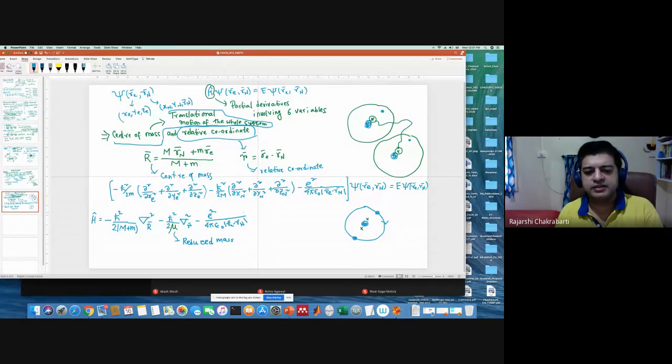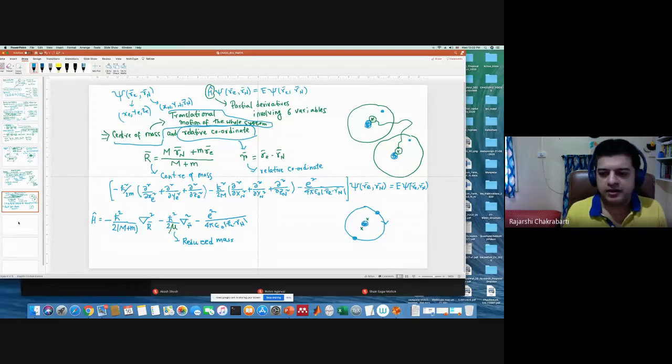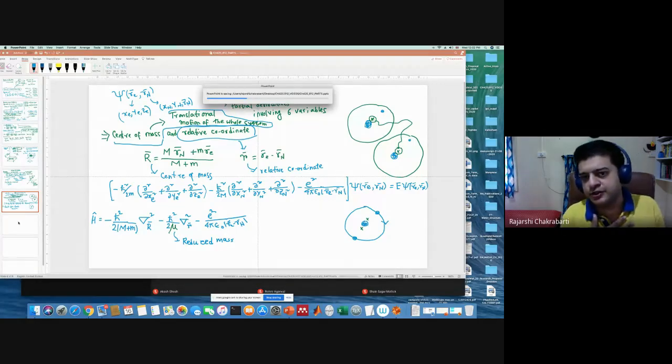So you understand, the physics demands that this should be the Hamiltonian when I make this transformation. So let us do it mathematically and check whether this is the case. If physics says that, mathematically you should get the same thing, isn't it?